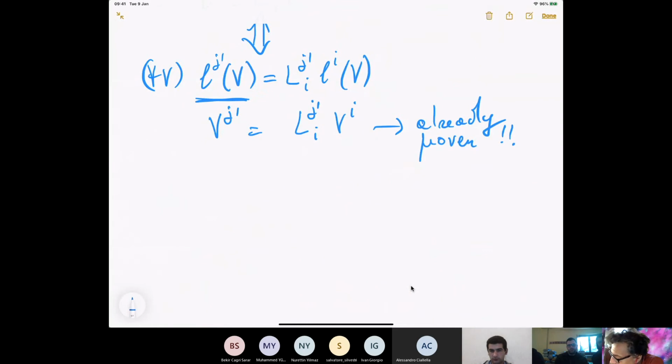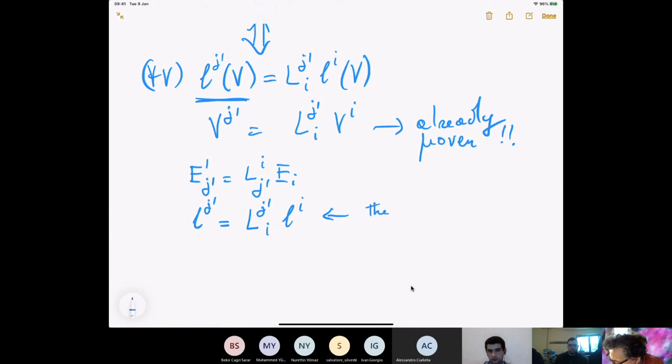Okay, so if I have Ej prime equal Lj prime I Ei, Lj prime is equal to Lj prime I Li. This is the basis of V star B is contravariant.